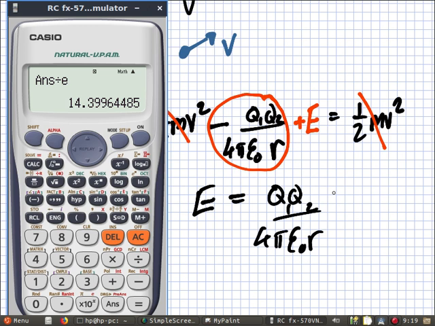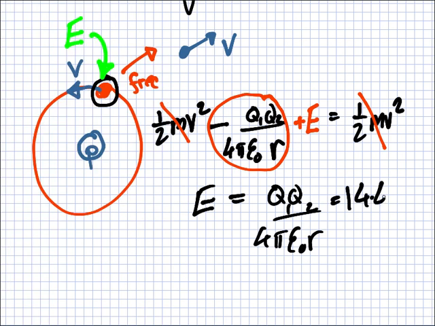So that's 14.4 electron volts. That's how much energy you would need to give it to free it. That's the ionization energy. Yeah?